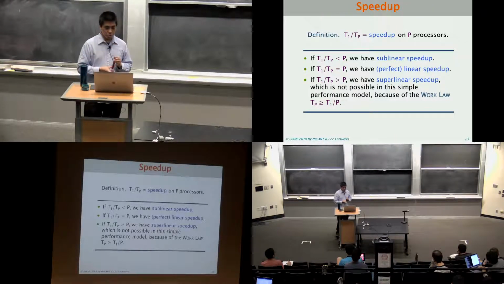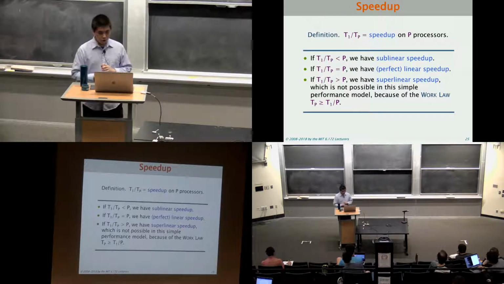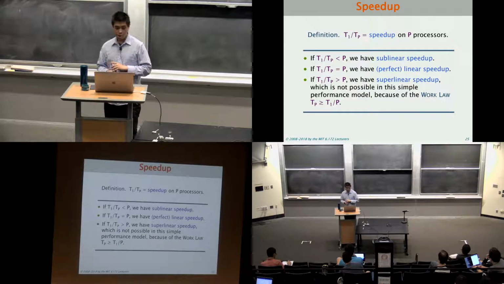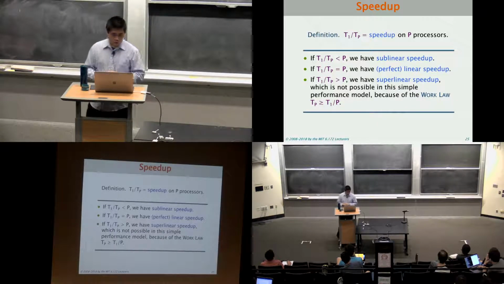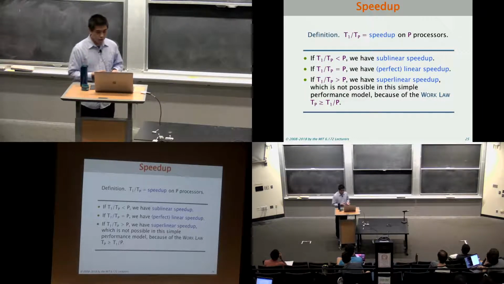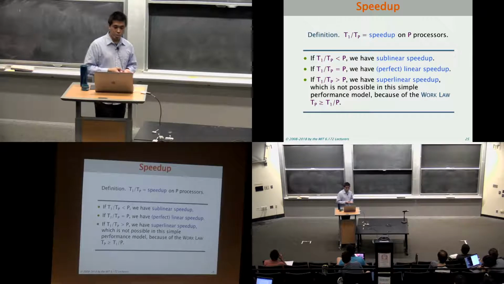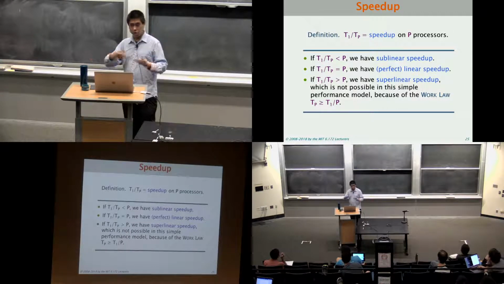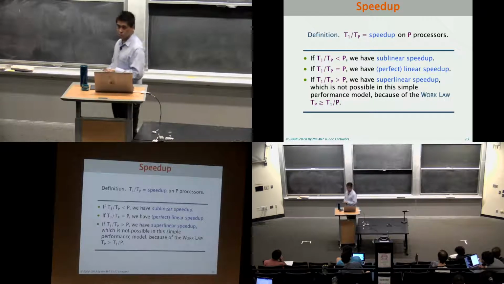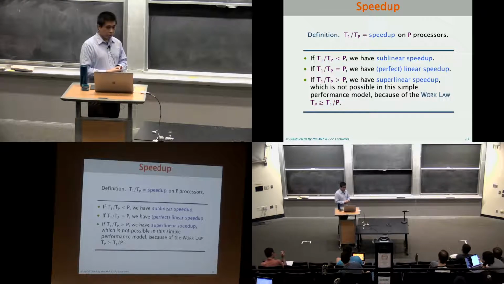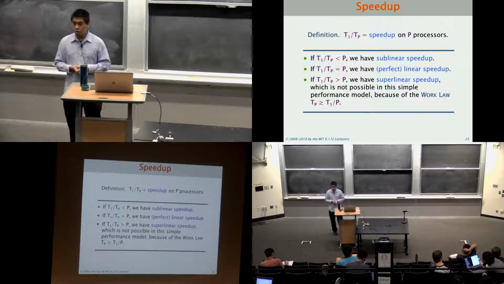Okay, so here's another definition. T1 divided by TP is the speedup on P processors. If I have T1 divided by TP less than P, then this means that I have sublinear speedup. I'm not making use of all of the processors because I'm using P processors, but I'm not getting a speedup of P. If T1 over TP is equal to P, then I'm getting perfect linear speedup.